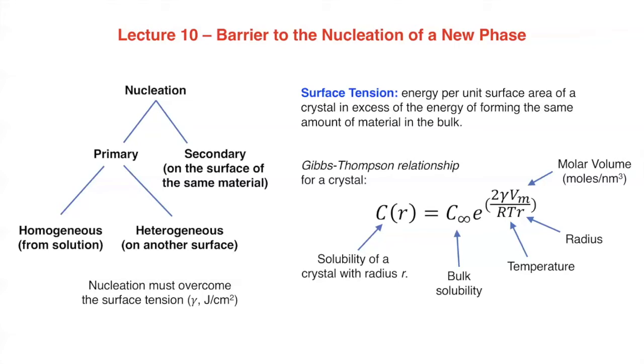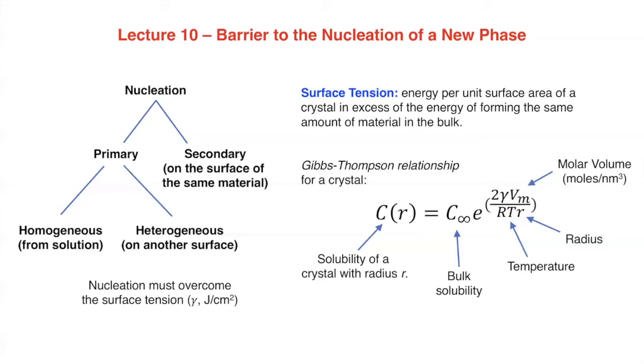So heterogeneous nucleation is very common in crystal growth. In fact, in classical crystal growth, like the growth of pharmaceutical crystals or the formation of ice in the upper atmosphere or in aqueous solution, almost all examples are heterogeneous. So heterogeneous nucleation really dominates the field of crystallization.